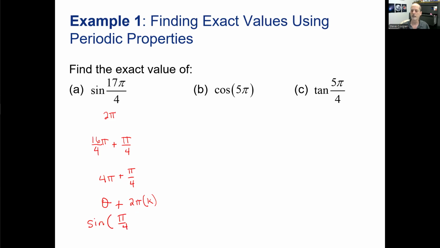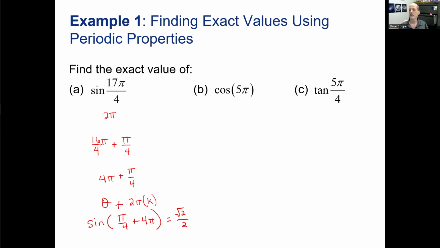And then I'm just kind of spinning my wheels here with the 2 pi. In this case, k is 2 because we have 4 pi. So I really only need to concern myself with what's the sine of pi over 4. And the sine of pi over 4 is equal to, from our unit circle, the square root of 2 over 2 is the exact value.